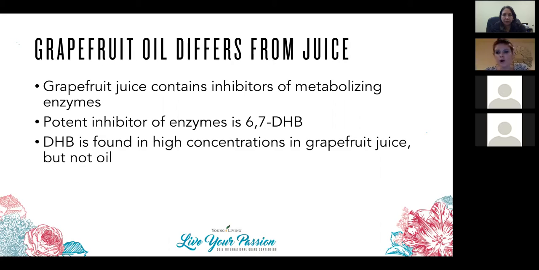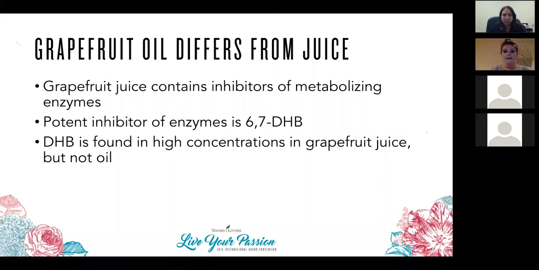If you are someone, or if you know someone, who takes a medication that interacts with grapefruit juice, be sure that they know the signs and symptoms of toxicity. Even if they choose not to use grapefruit oil or grapefruit juice, it's still good knowledge for them to have. And if they choose to use grapefruit oil, it's also important for them to know.